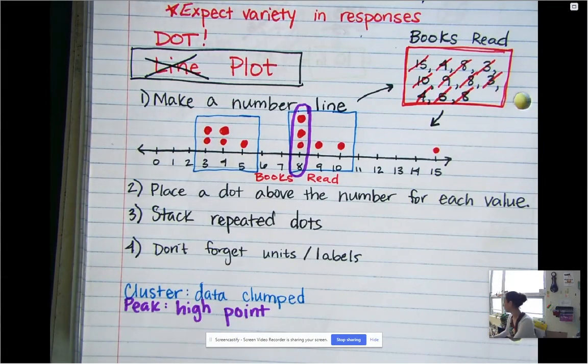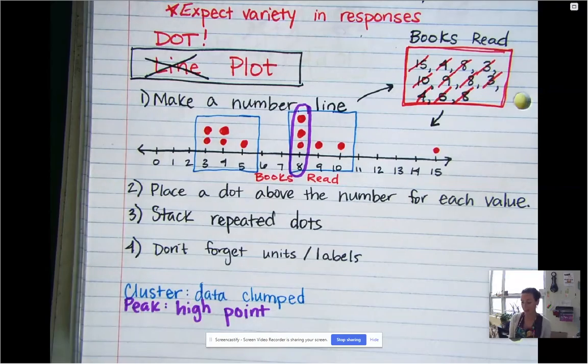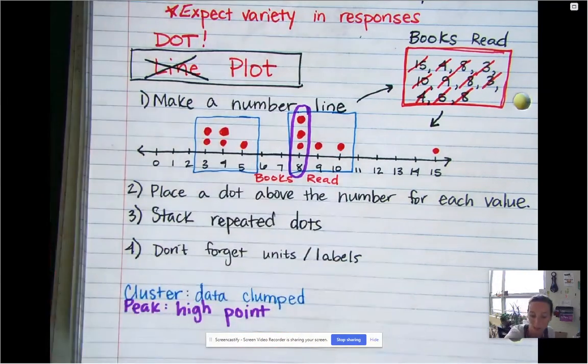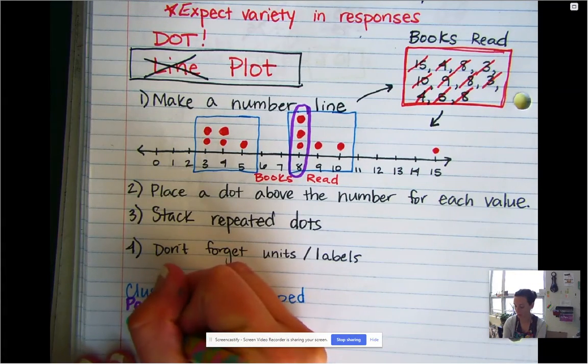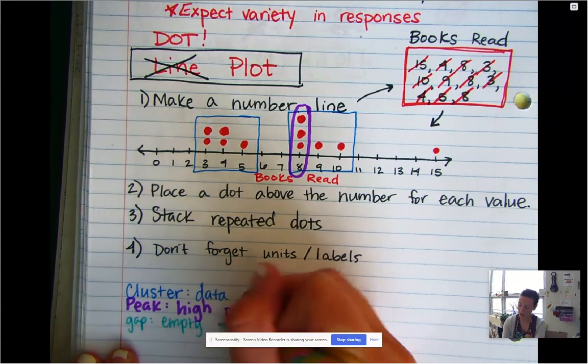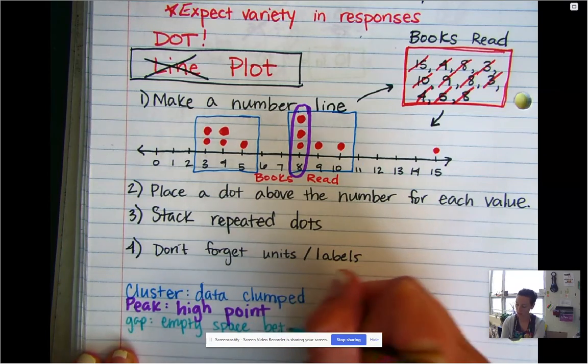And then we also have, what's the other word? We can have a gap. So we do have a little bit of gap between 6 and 7. So for whatever reason, just nobody, but it's only a gap if it's empty space between values.